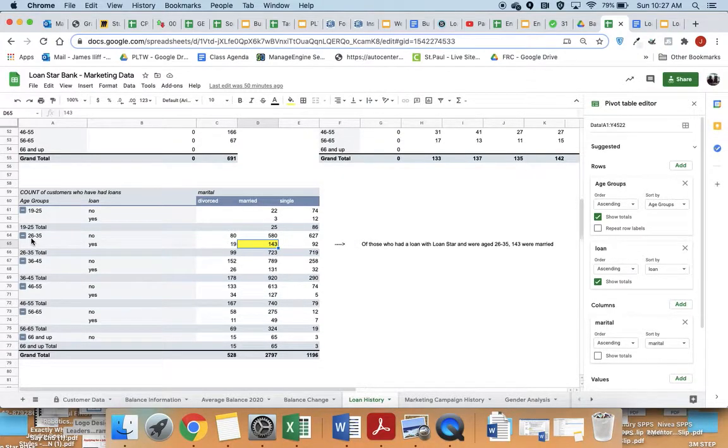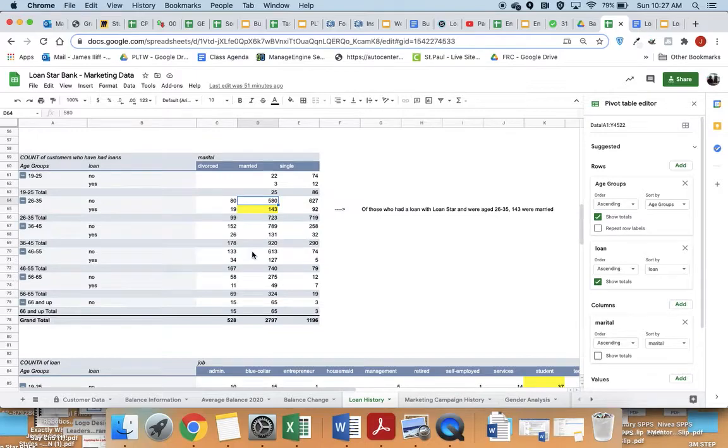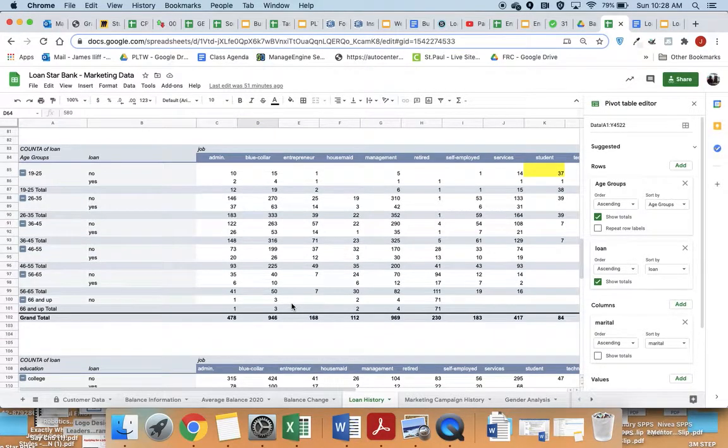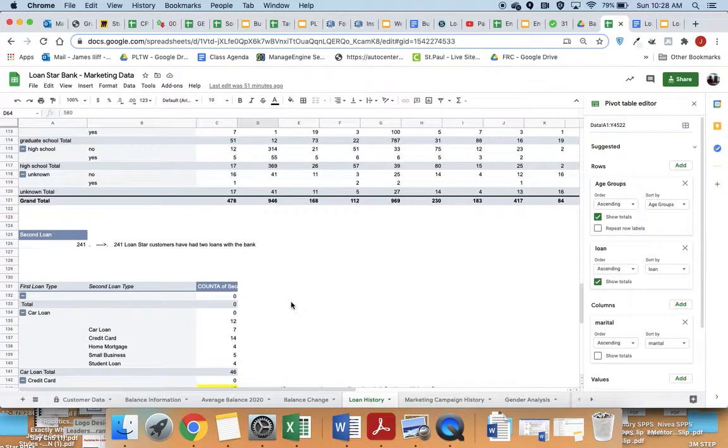So people who are aged 26 to 35 who had a loan with Lone Star, so yes, 143 of them were married versus 580 were not married, who were married but didn't take out a loan. And so you can try to glean some strategy out of this. And you can just keep going down and reading.